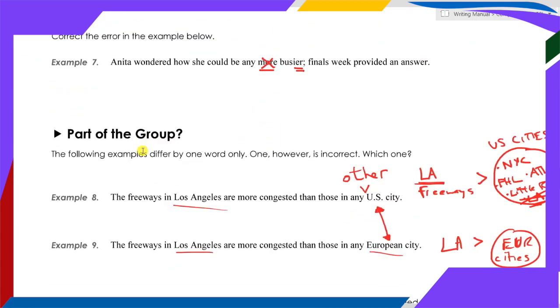And make sure that if you spot a comparison between something and a group that something is part of, you might need to use the word "other" to distinguish that thing from the other members of the group, so that you don't unintentionally compare the thing to itself. And that is all for comparisons.